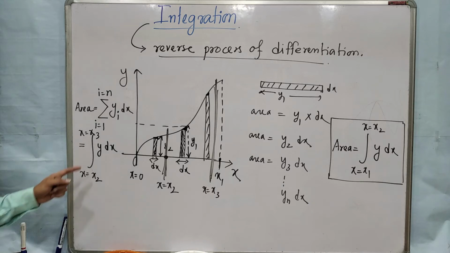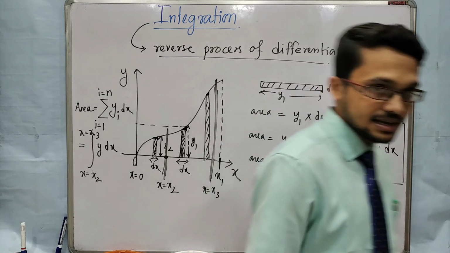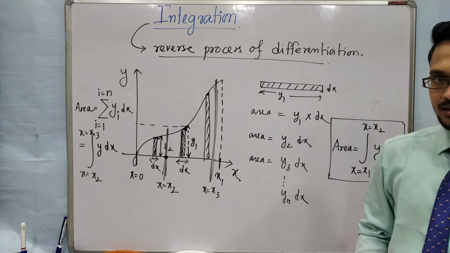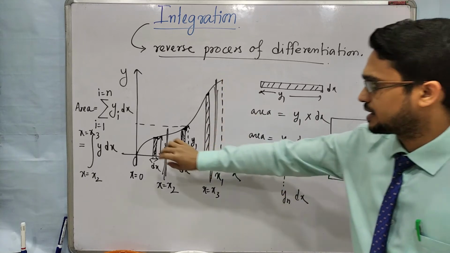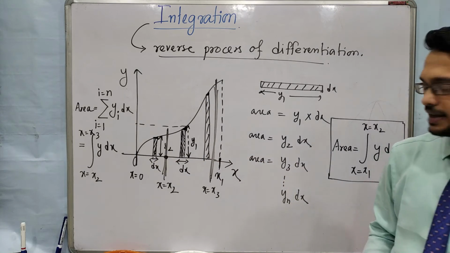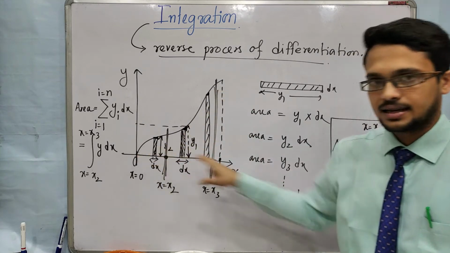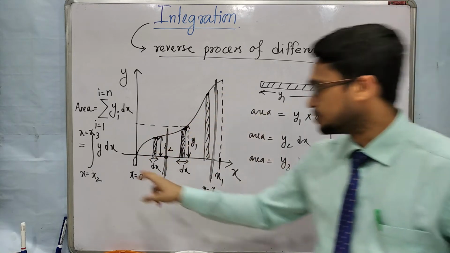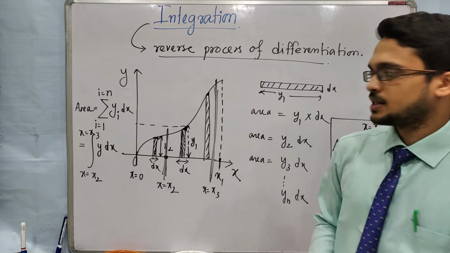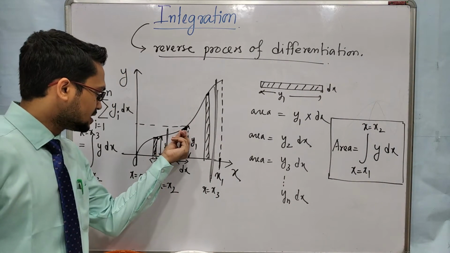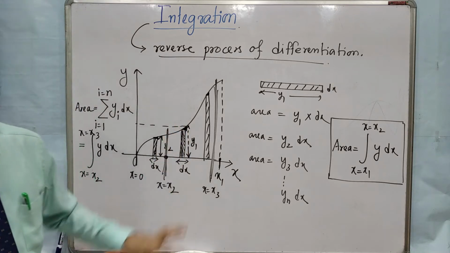So this integration tells about what? It tells about the area under the curve of y versus x, or the area in between this curve and the x-axis. Due to this curve graph, we have to use integration, because in each small portion we are leaving a small area part that we have to consider.